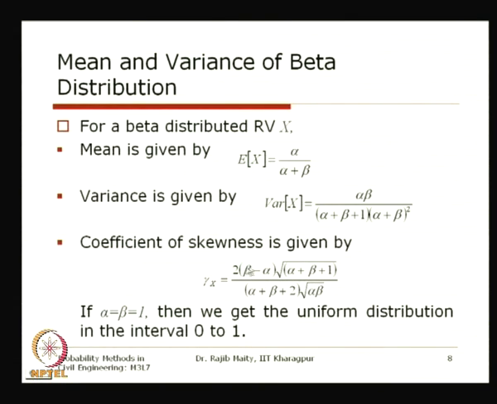If alpha is less and beta is more, then the skewness is positive, as we discussed. And just the opposite, if alpha is more and beta is less, then it will become negatively skewed, which we showed graphically just now. And if alpha and beta are both equal to 1, then we get the uniform distribution on the interval 0 to 1. This we also showed graphically a minute before.